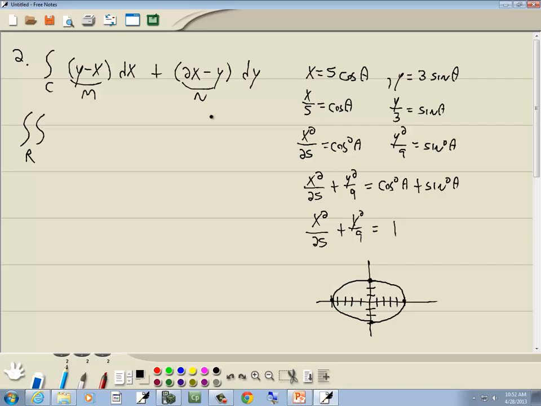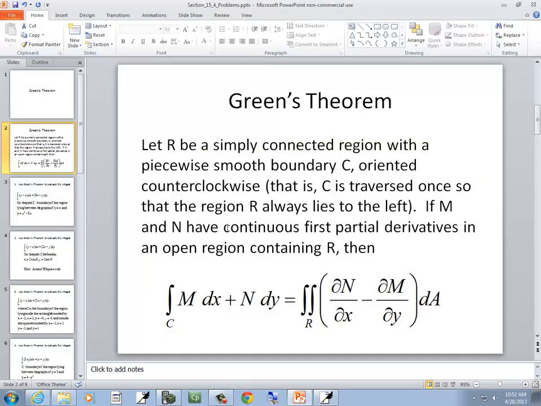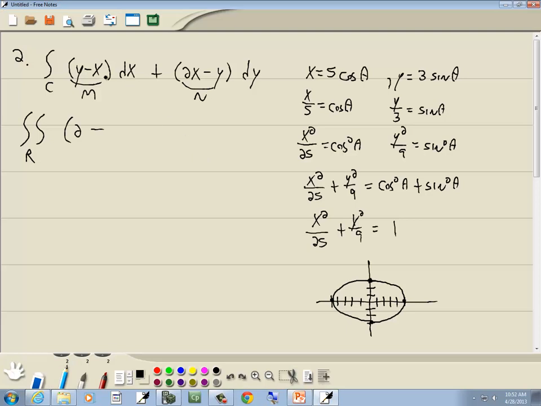Partial of N with respect to x would be 2, minus partial of M with respect to y. Partial of M with respect to y would be 1. Now, whenever this gives you 1, then if possible you can just use the formula for the area of whatever graph you're looking at to find out what this line integral is equal to.